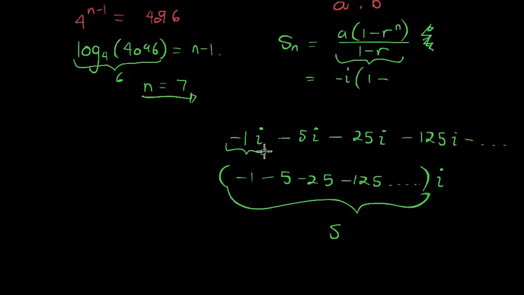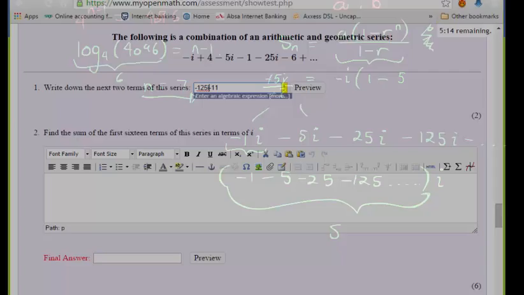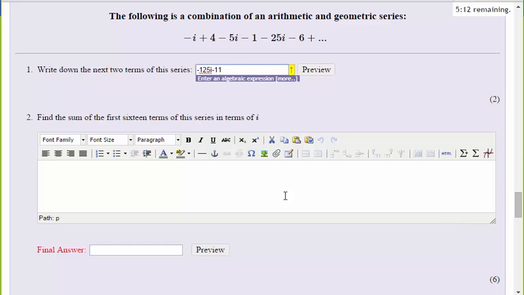What am I multiplying? Let's do it. Negative 5i divided by negative i. Negative cancels, i's cancel. What is my constant ratio? 5. How many terms are there? That was the trick here.